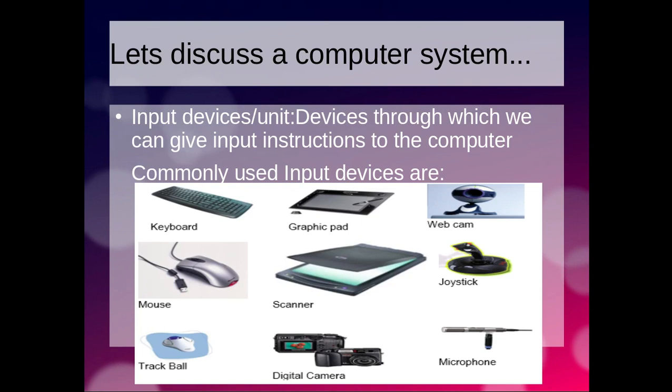These input devices accept data and instructions from the user. They convert input instructions into their equivalent machine language. Machine language is the language that the computer understands. They transfer the data and instructions into the main memory for further processing.